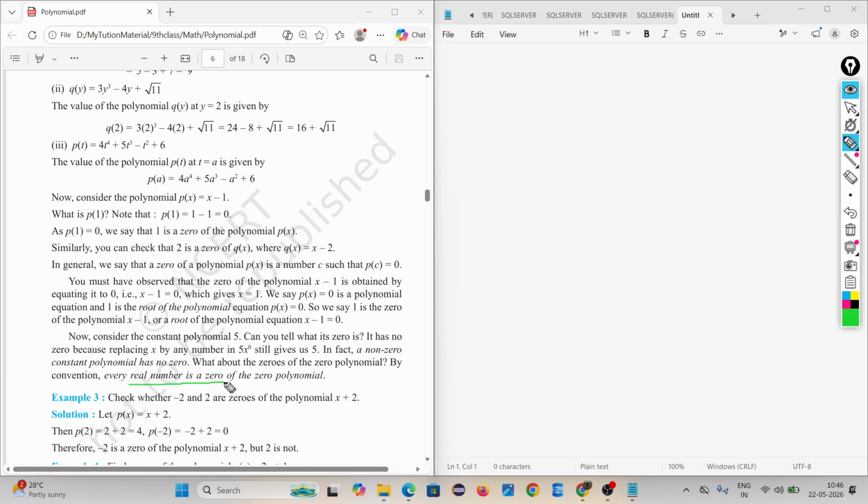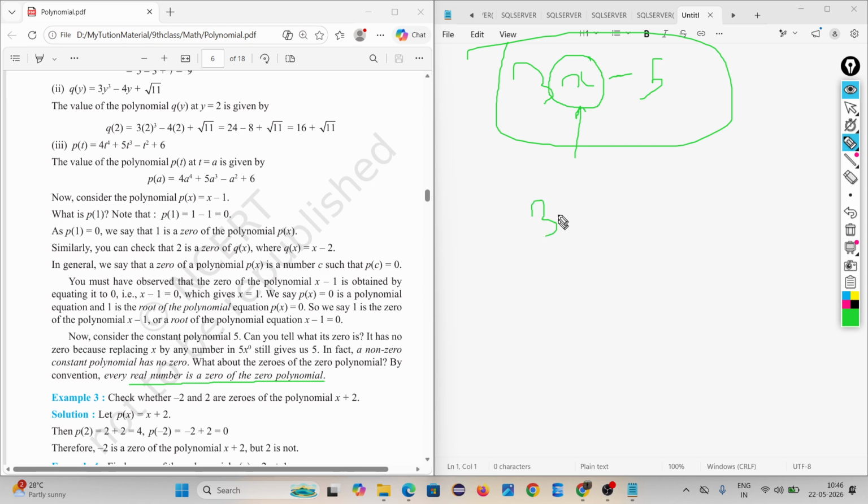Every real number is a zero of the zero polynomial. Okay, look, suppose 3x minus 5 is a polynomial. Zero of the polynomial means you have to find the value of x by putting which your whole equation becomes 0. 3x minus 5 equals 0, so 3x equals 5, x equals 5 by 3.